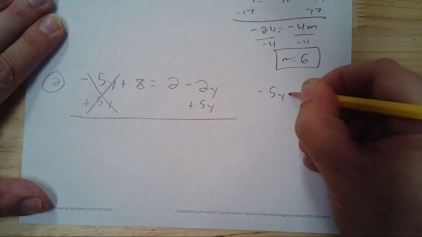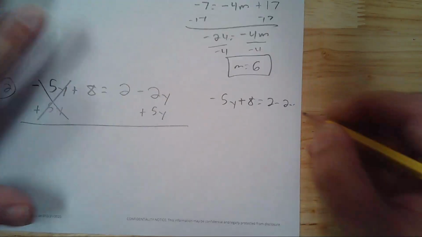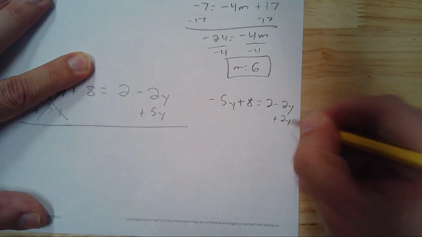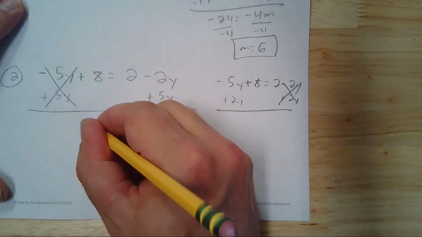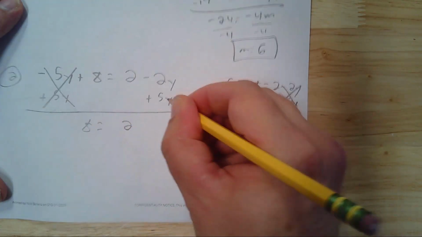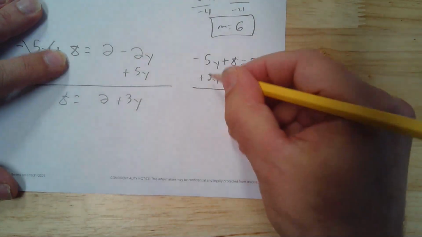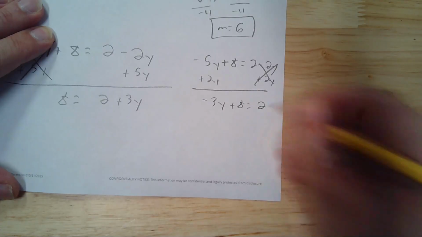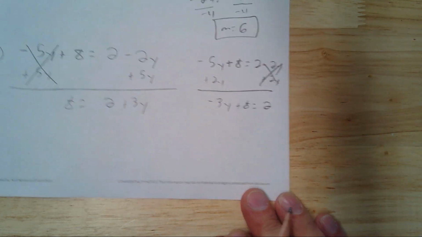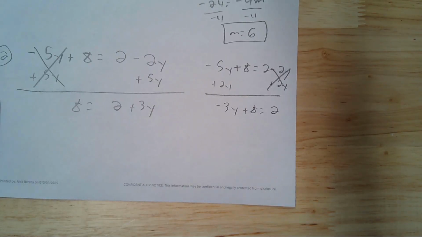If I had decided to add the 2y, this would be 8 equals 5 minus 2 is 3y, and this would be negative 3y plus 8 equals 2, which is fine. Both are fine, it just depends what your first move is going to be.